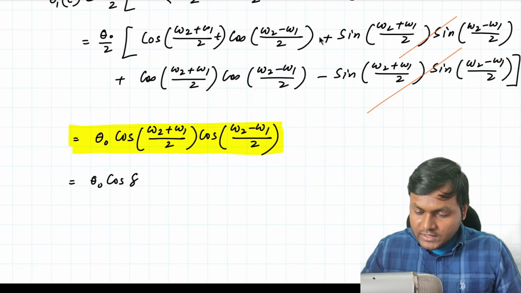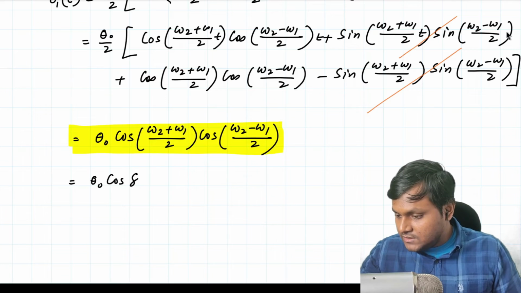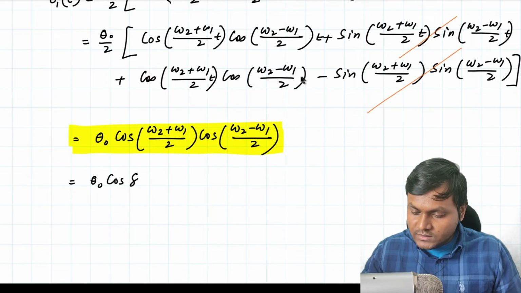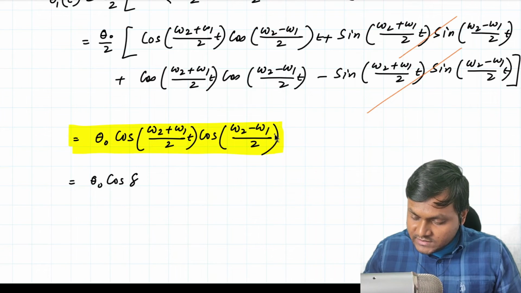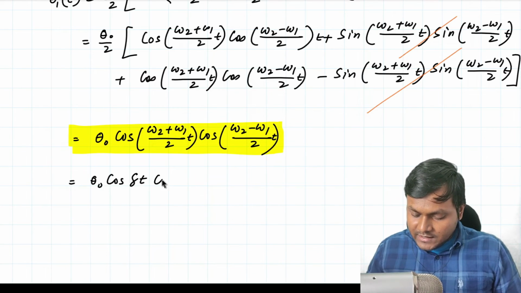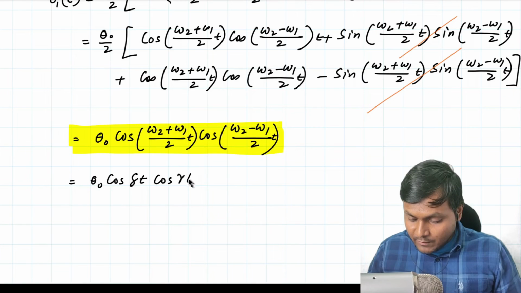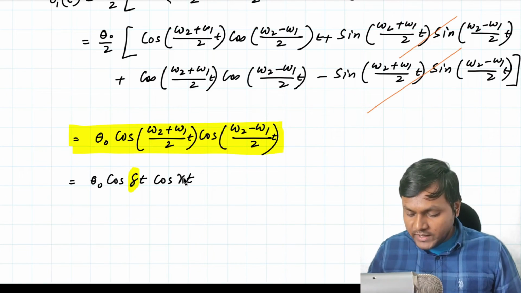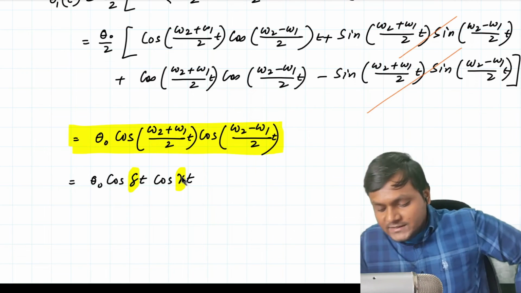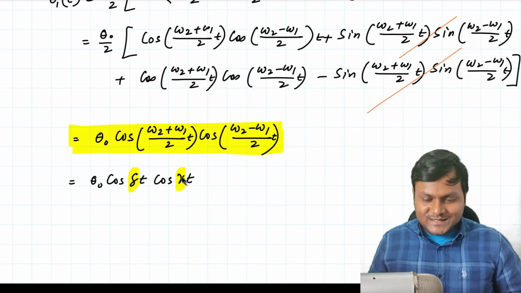There is a t here, and there is a t here. So let's suppose this is cos delta t and this is cos gamma t. So delta here is (omega 2 plus omega 1) by 2 and gamma here is (omega 2 minus omega 1) by 2. Now what are these?